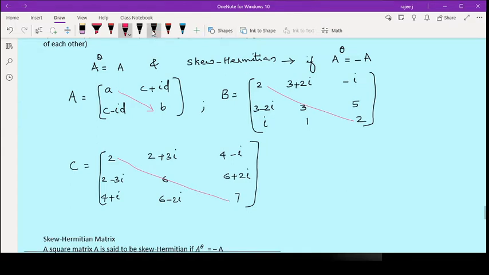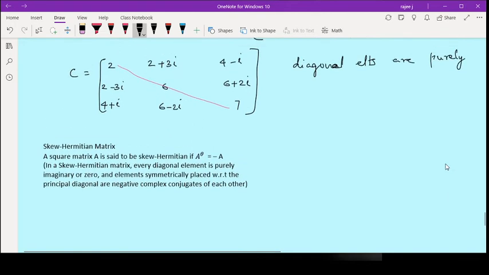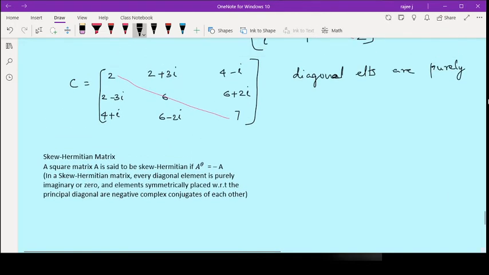So in a Hermitian matrix, the diagonal elements are purely real. Purely real. Real means not complex.